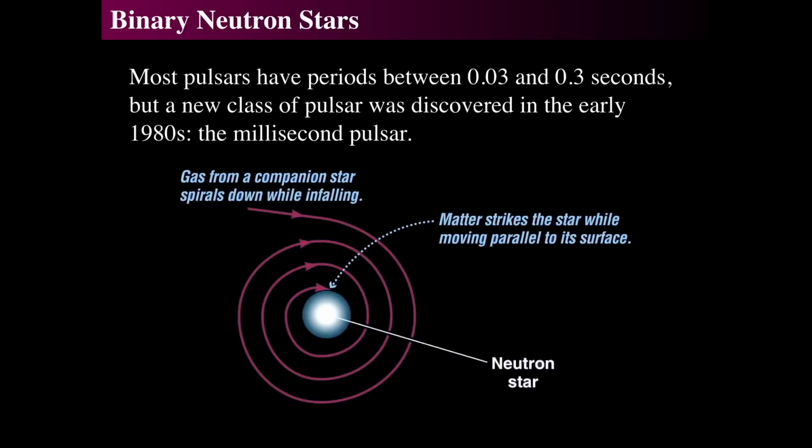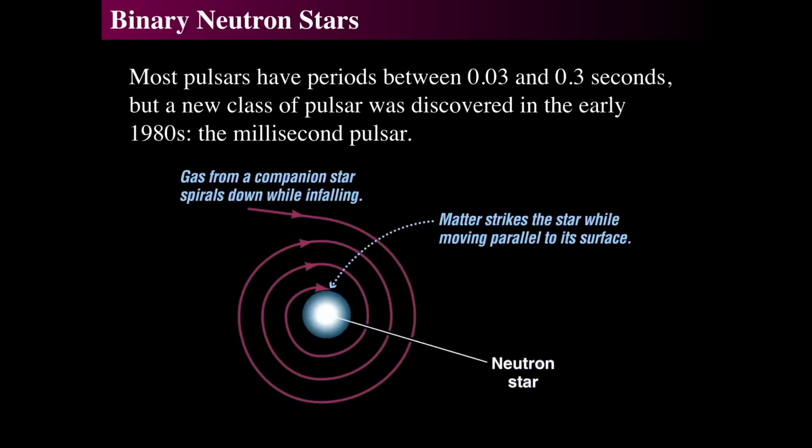All right, so binary neutron stars are, well, their pulsars are roughly between 3/100ths of a second and about 1/3 of a second. And those are called millisecond, but a star like we showed can become a millisecond pulsar, or like 1/1000th of a second. And they had to get spun up.